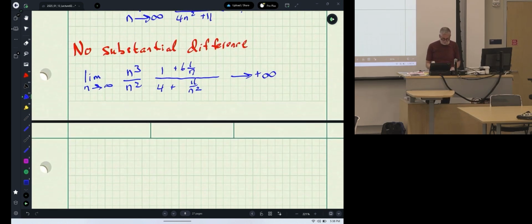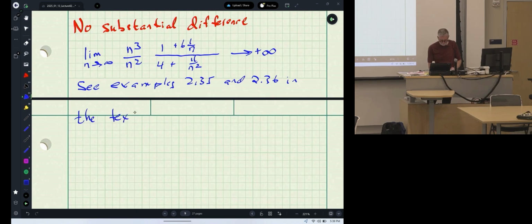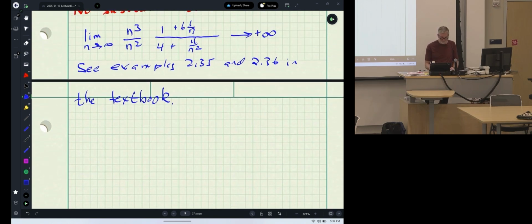Okay, so you can find lots of examples in the textbook like this. Examples 2.35 and 2.36 in the textbook. Okay, so nothing really changes. The symbols change, the domain changes a little bit.